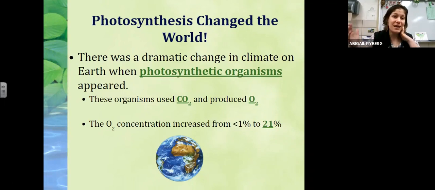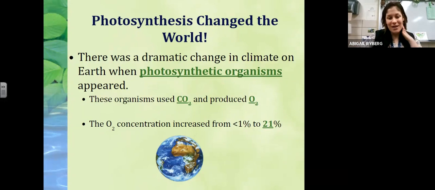And then gradually, photosynthesis has become more efficient, and different organisms began to evolve. These original photosynthetic organisms used carbon dioxide and produced oxygen. So this was the first time, you guys, that oxygen started to be produced and released into the atmosphere.